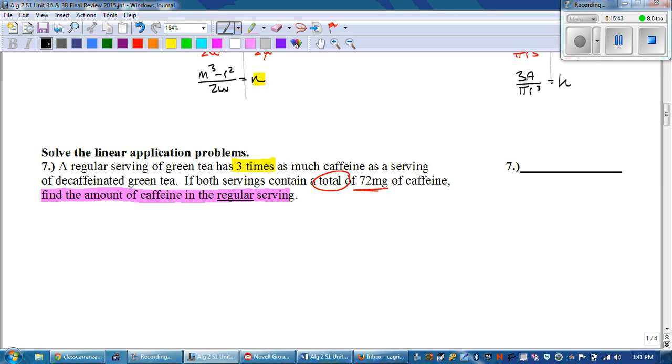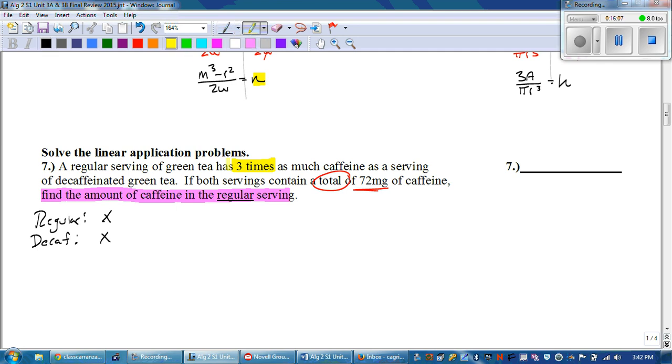Okay, so first thing that we're talking about is regular and decaf. So I'm going to set them both as x, okay? Because we're both talking about green tea, right? Now, they tell me that one of them has 3 times as much as the other.